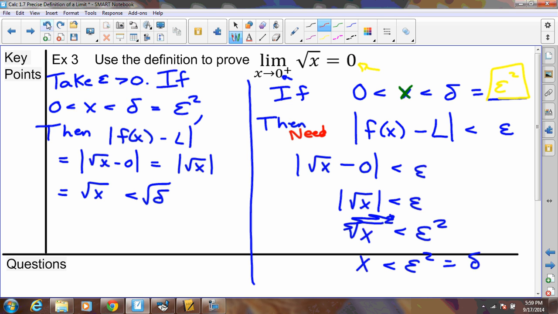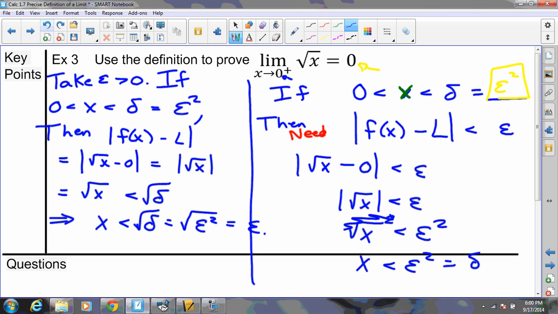Because this part is true, when we square both sides, this tells us x is less than delta. Taking the square root, but delta is equal to epsilon squared. Just making that direct substitution. Square and square root cancel, giving us just epsilon. And that's exactly what we needed to show.